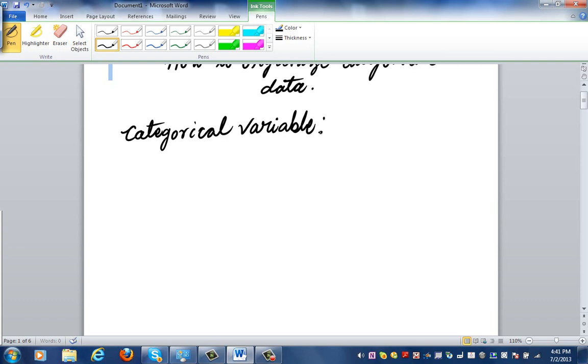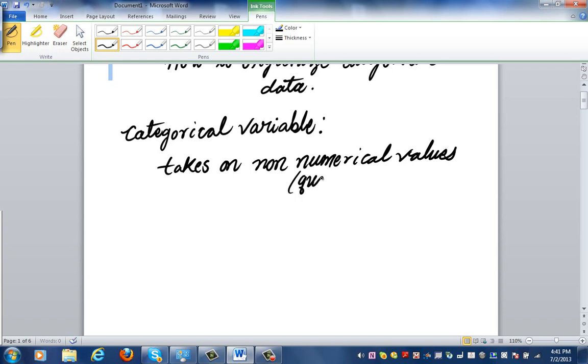A categorical variable is simply a variable that takes on non-numerical values, or you could say qualitative values.